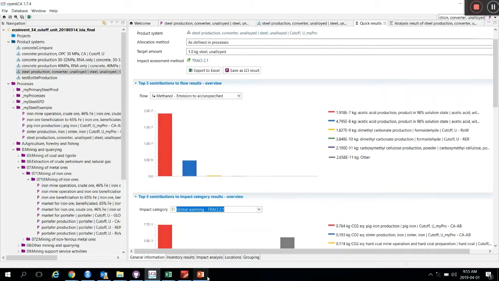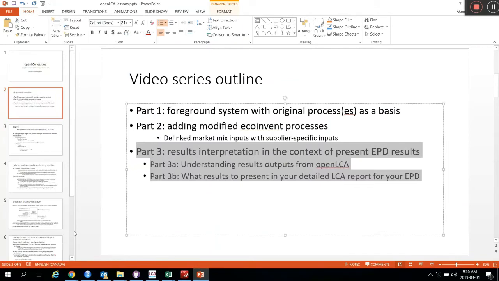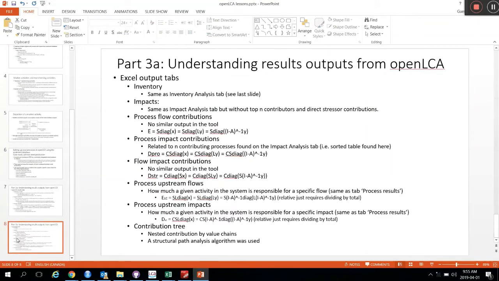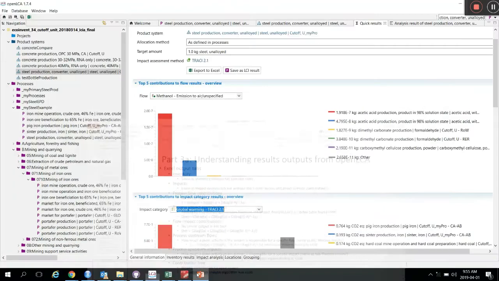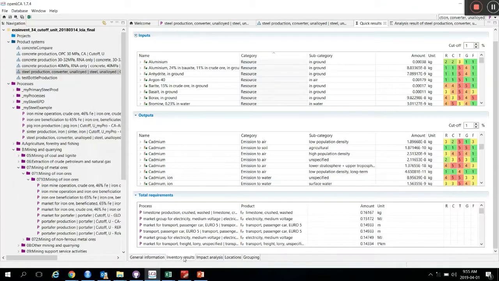So if I go back to my slide, I'll just show you what that looks like. Okay, I didn't actually bring up the general information tab here, so let's just go to the next one. So inventory results is basically showing you the cradle-to-gate requirements for your given functional unit, in this case a kilogram of unalloyed steel.